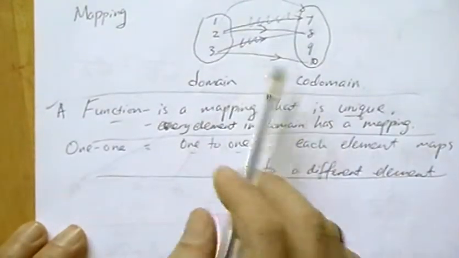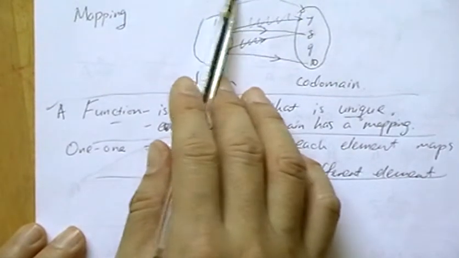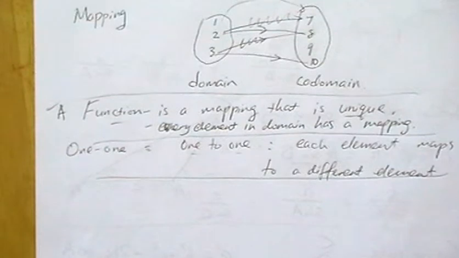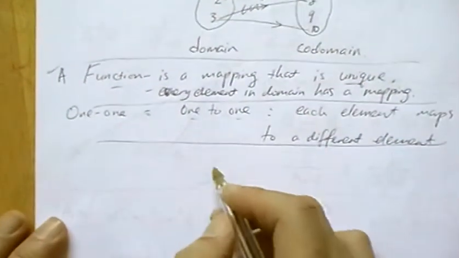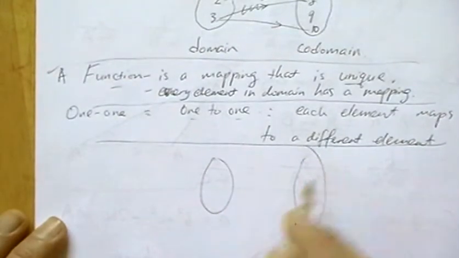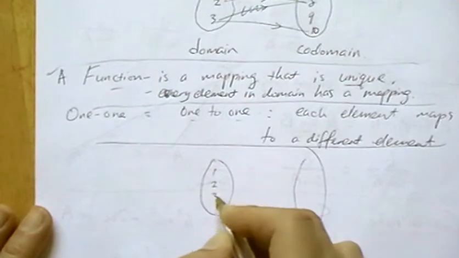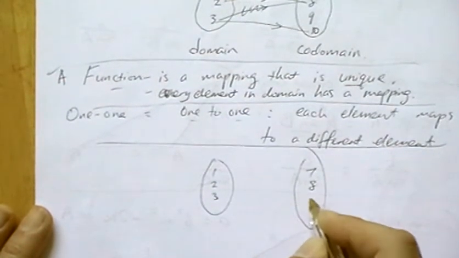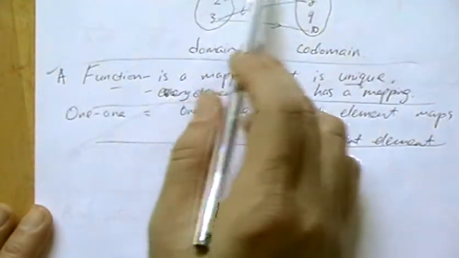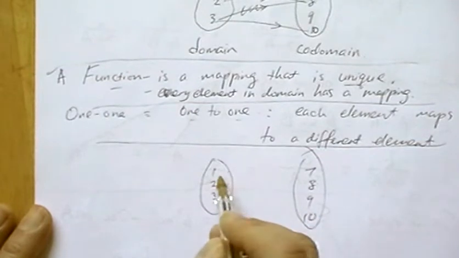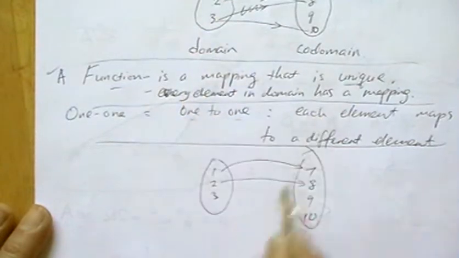Okay, now next let me move on to this meaning of onto. Now this is getting quite crowded, so let me draw this picture again. 1, 2, 3, 7, 8, 9, 10. So let me copy over the arrows. 1 goes to 7, 2 goes to 8, 3 goes to 10.